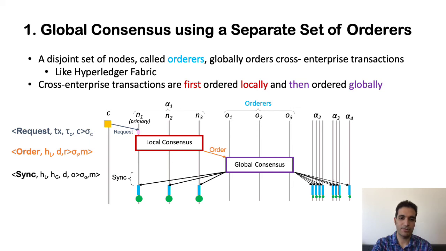These are basically those 2 sequence numbers in the ledger that I showed you, T12, T1, where one was the global sequence number and one was the local sequence number. So they send this sync message to everyone, saying that, okay, this is a global transaction, so please append this to your blockchain ledger.